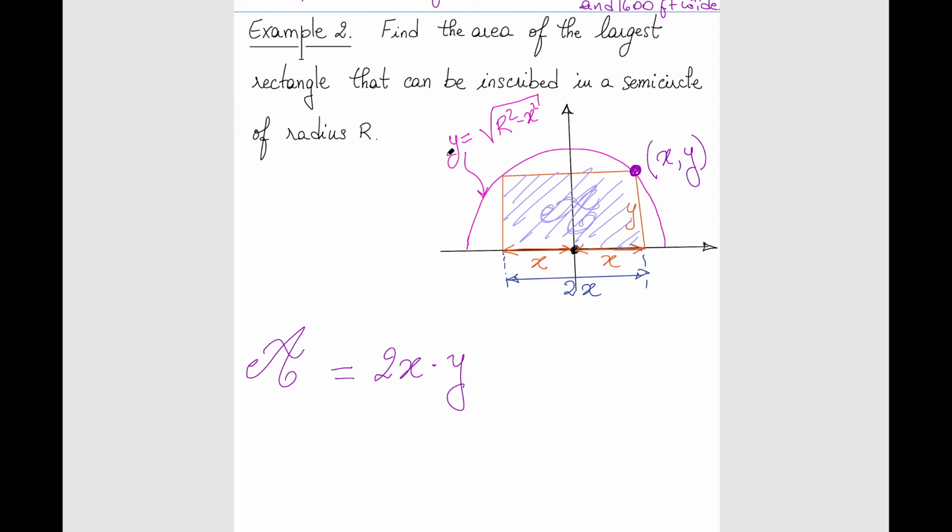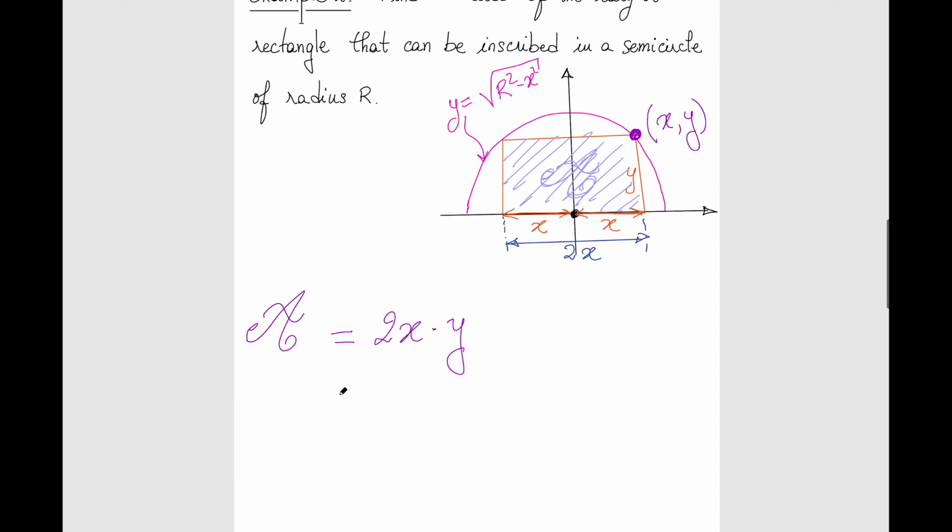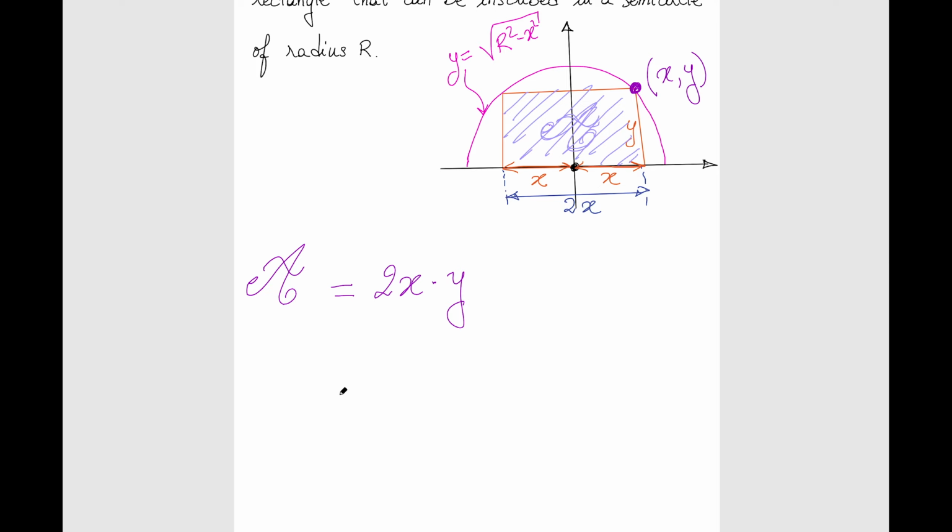So if you replace y by this in the area function, you can make the area function a single variable function in x. So as such, A is a function of x, to be precise. Let's say 2x times y, but y is the square root of r squared minus x squared.